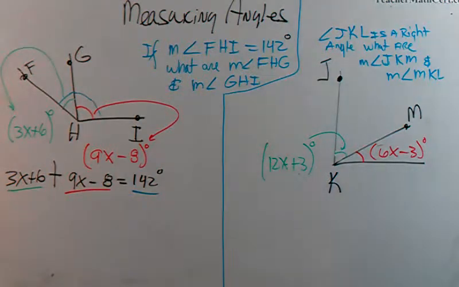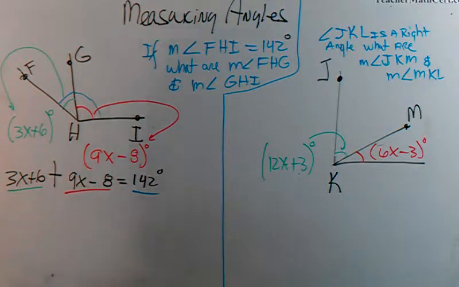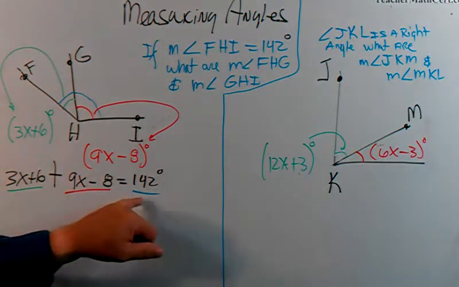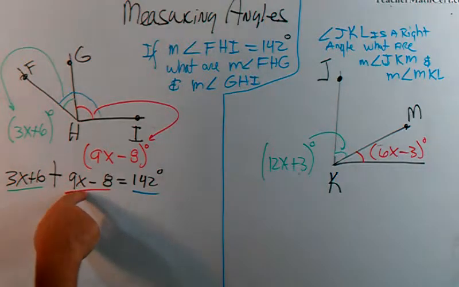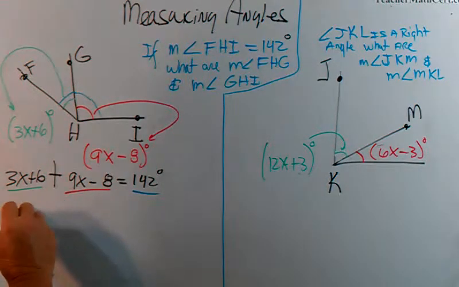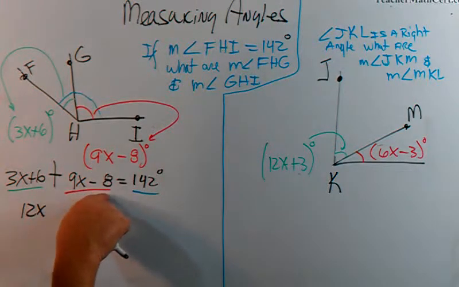So how do we do that? Well, we add these two guys together and we solve for x, right? This is our equation. Now how do we find out the value? We solve for x. How do we do that? Well, we've got a 3x plus a 9x. That's going to give us a what? A 12x. We've got a 6 and a minus 8.